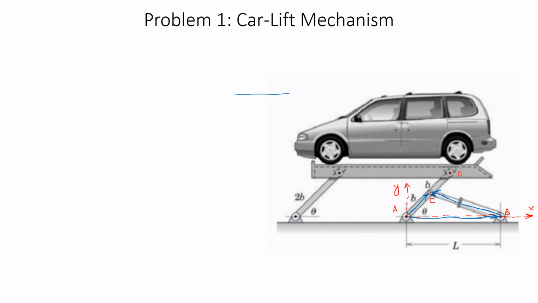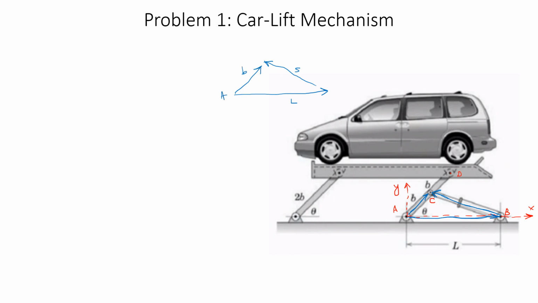So you have the horizontal vector L, you have another vector S, and you have the vector B over here.